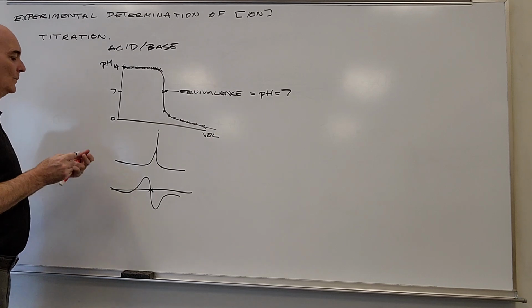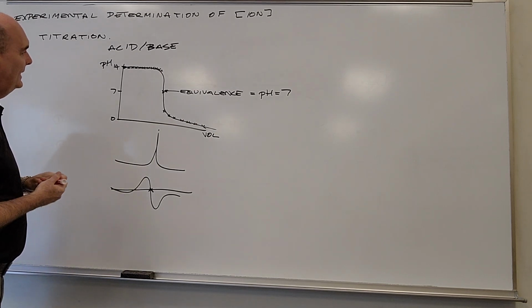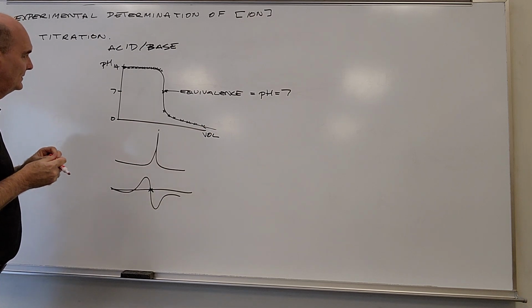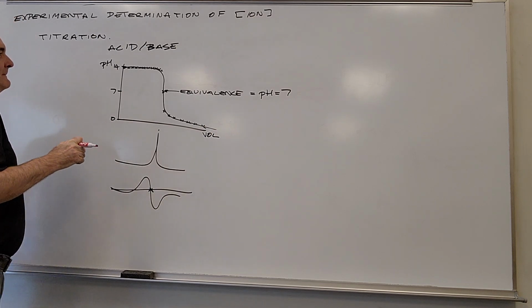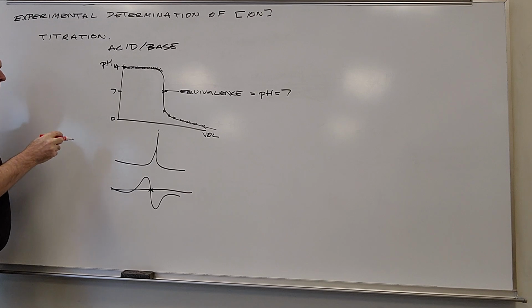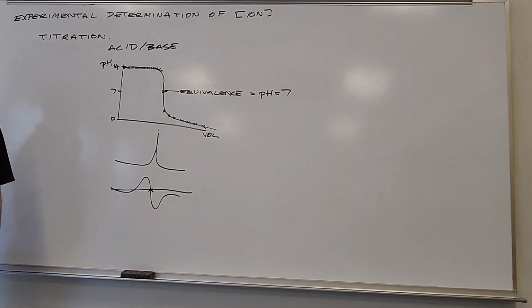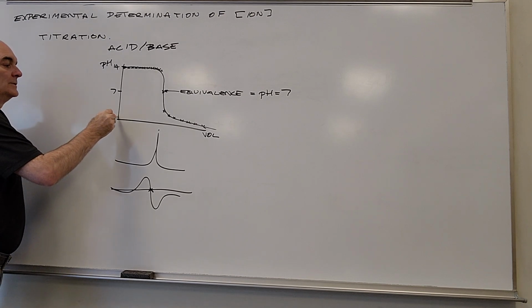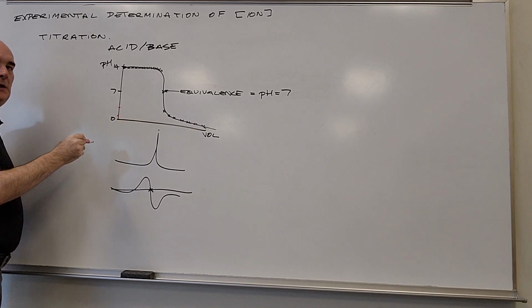Okay. What happens if I add a weak acid? If I add strong base to weak acid? What does the curve look like? This is where my strong acid is. Weak acids are here.